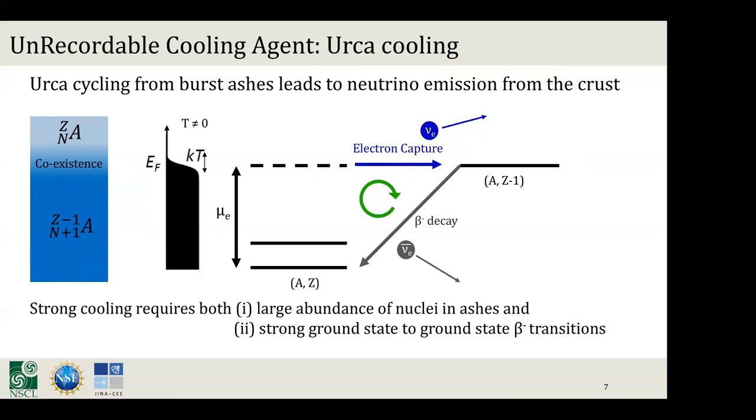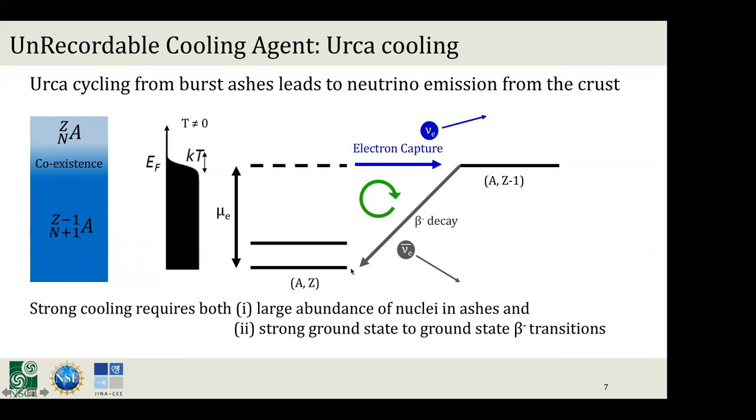In this coexistence region, you can have Urca cycles of consecutive electron captures and beta decays. These two processes lead to strong neutrino emission from the crust. So you can imagine, for example, a nucleus that's living as a Z-1 species.